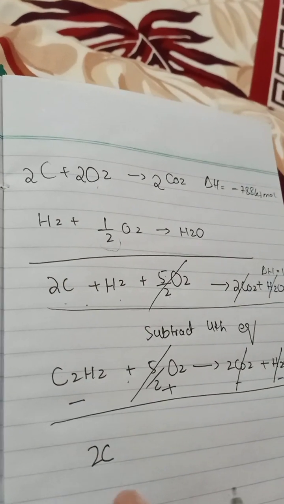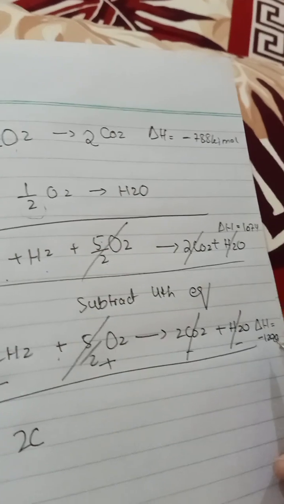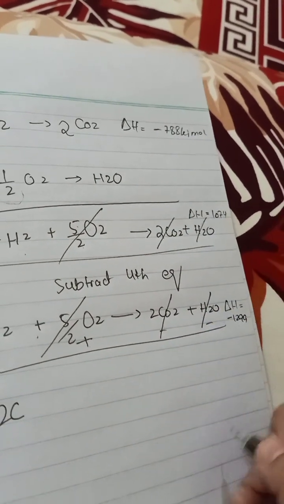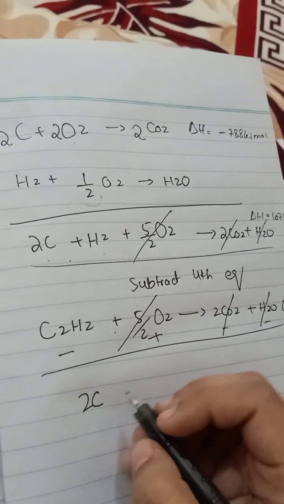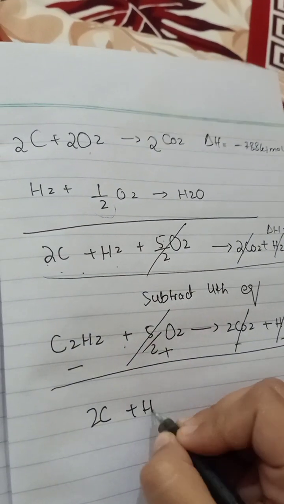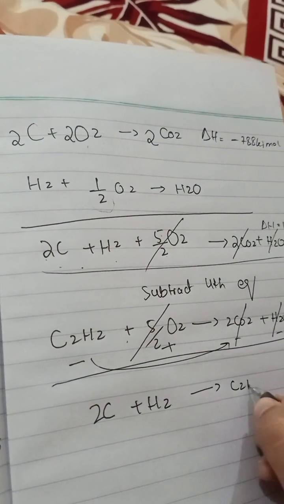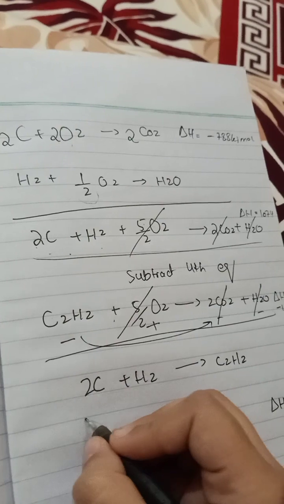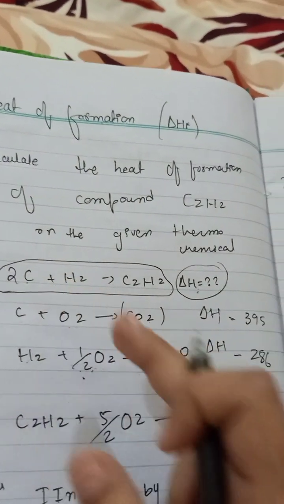So we will subtract this. So what will be the reaction? 2 carbon dioxide plus H2O will move to the other side, and it will be a product, so that will be the C2H2. So this was the reaction we found, the same as the main equation.